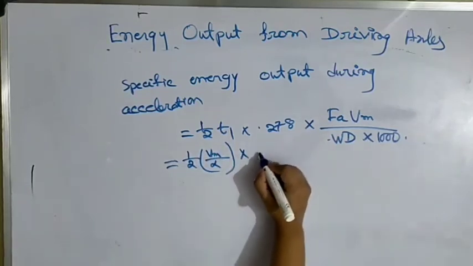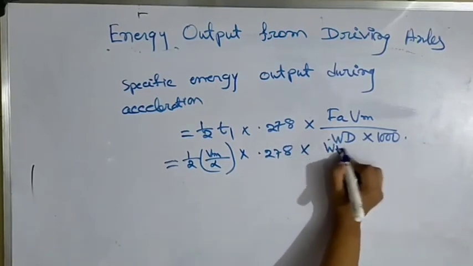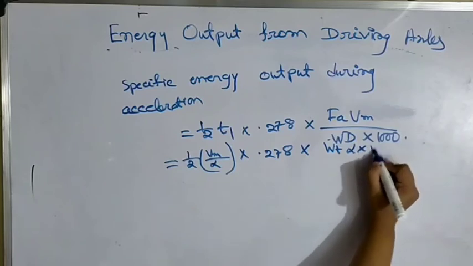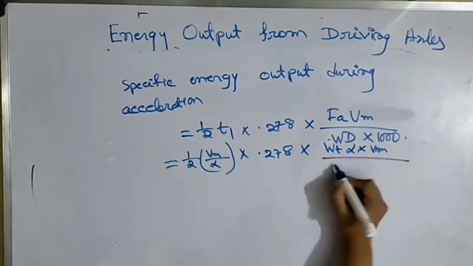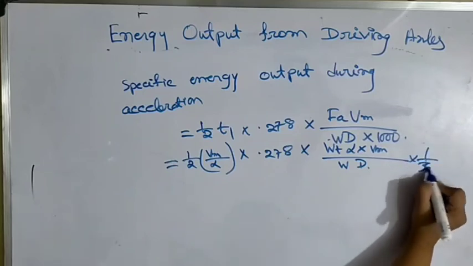We know that Fa is 0.278 into W_e alpha into Vm by W into D into 1 by 3600.